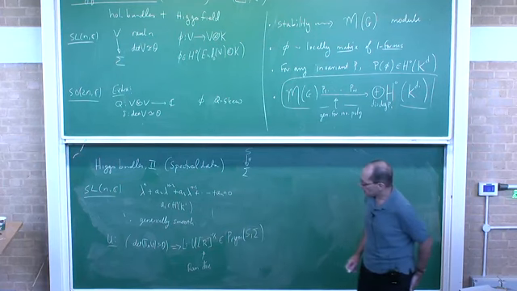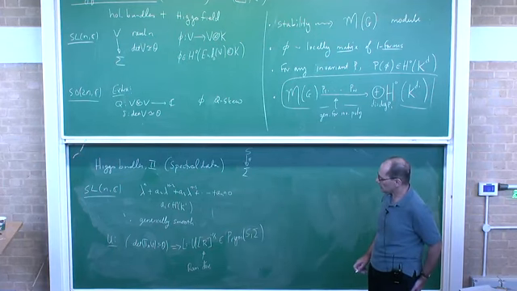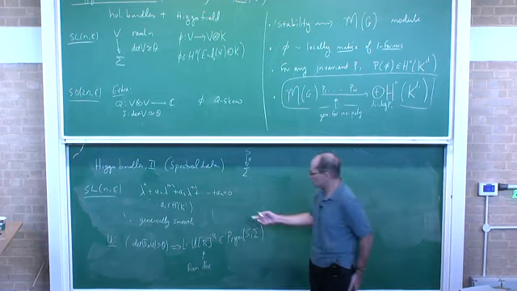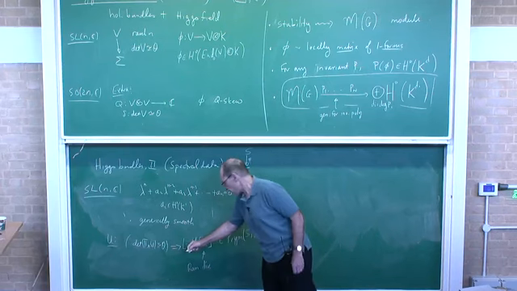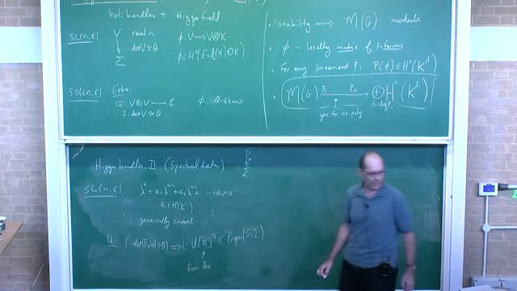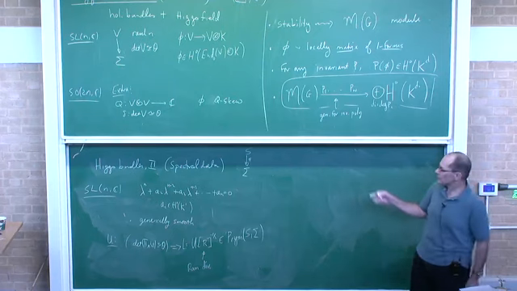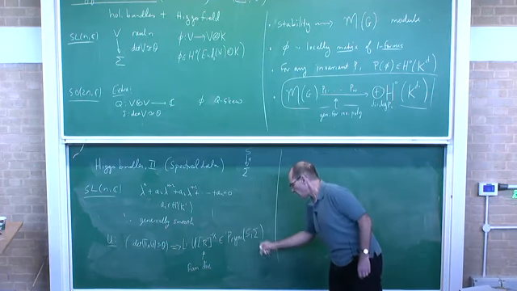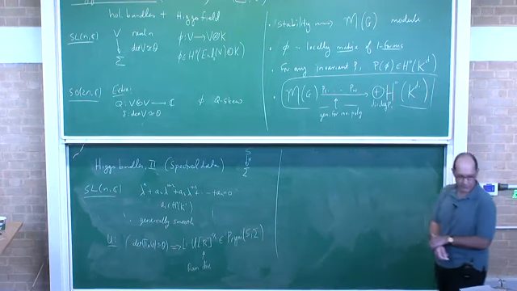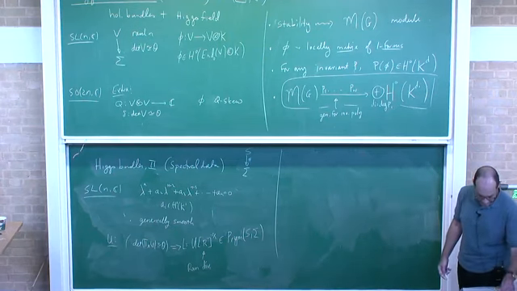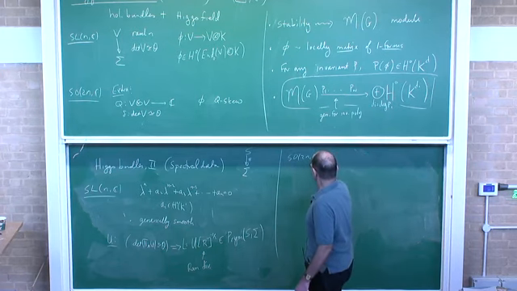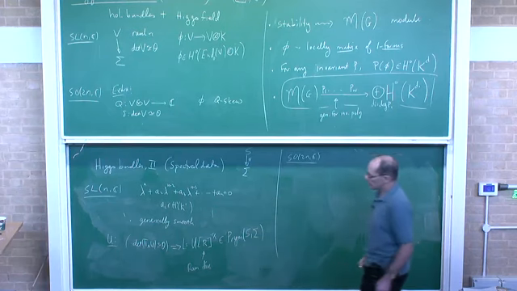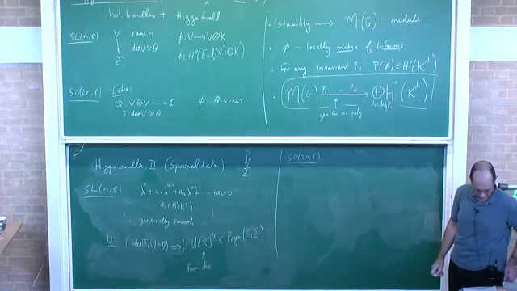On the bundle that will give you an SLN C Higgs bundle, the spectral data is usually given as a pair, the spectral curve and the bundle in the Prym variety, showing you that the fibers of the Hitchin fibration in this case are these abelian varieties. For SO2N C, the spectral data is a little bit more intricate.